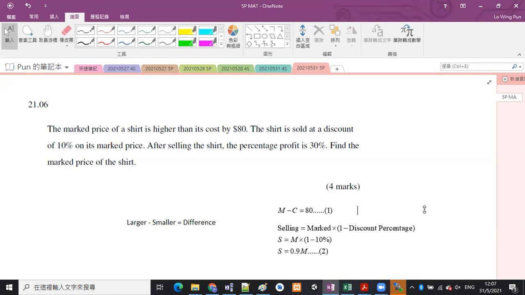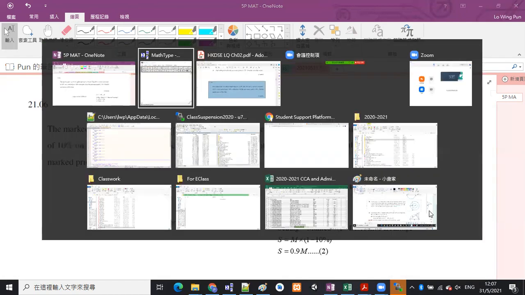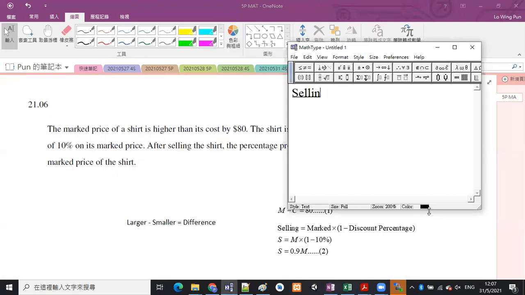Okay, so from our notes, can you find the line? Where if it is given the percentage profit, what shall we do? If it is given the percentage profit, what line shall we write? Selling price is equal to cost price times 1 plus profit percent, right?